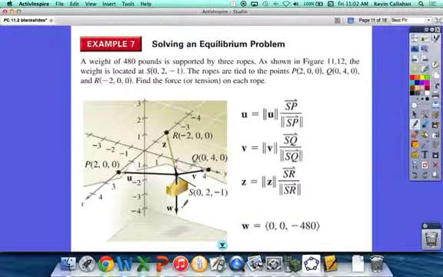This is the directed line segment SP, so it starts here and it goes there. And this is SQ, so it starts here, it goes here. This is SR, and it starts here and goes there. So how are we going to find the vectors that go from S to P and S to Q and S to R? Those are initial and terminal points.